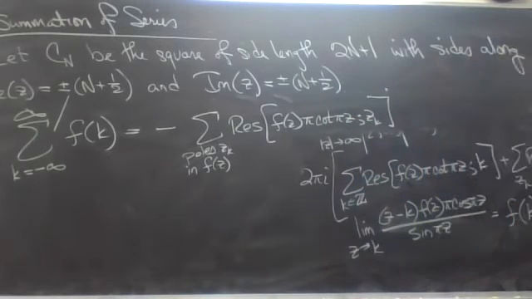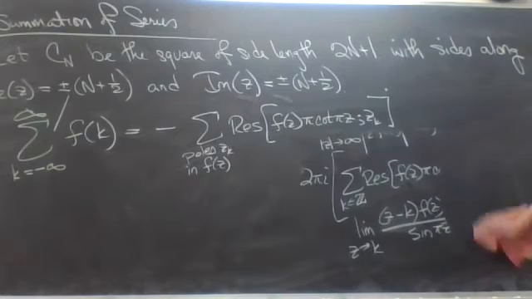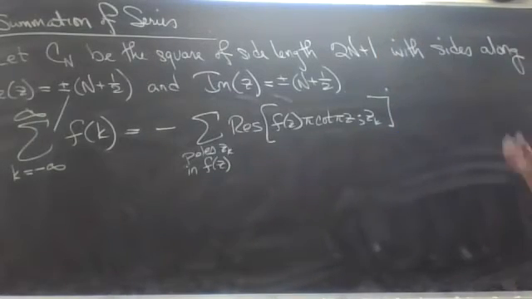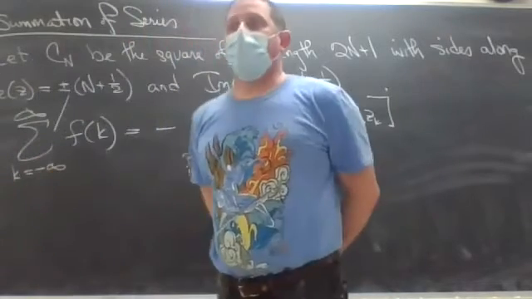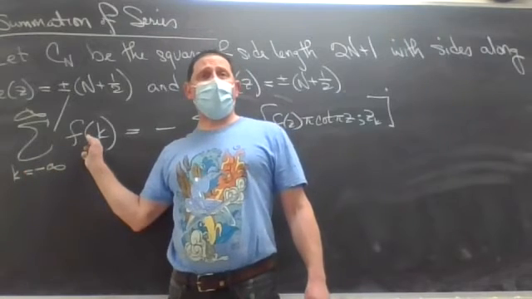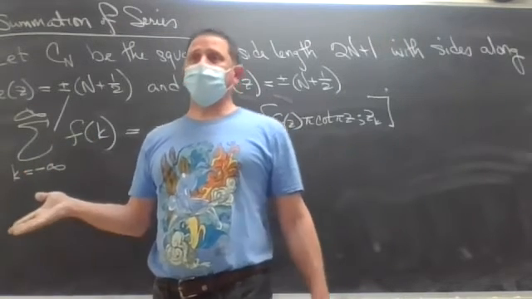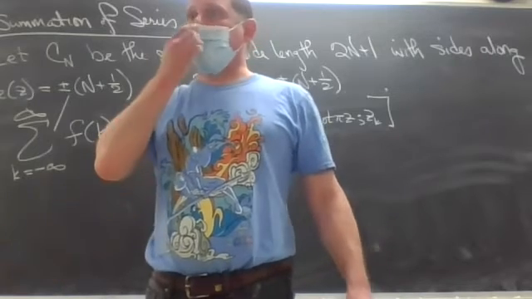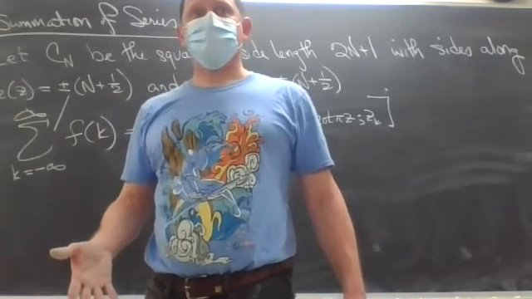All right. Now we can use this formula to compute the values of the Riemann zeta function at even positive integers, if we like. The reason is that when we do this sum, let's say F of Z was 1 over Z squared. Well, 1 over Z squared is not analytic at Z equals 0.